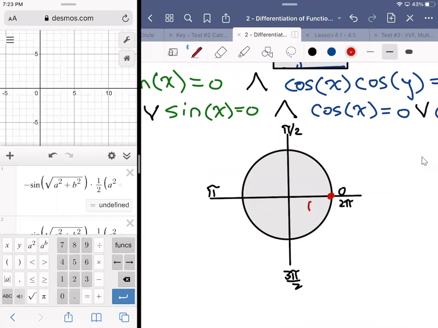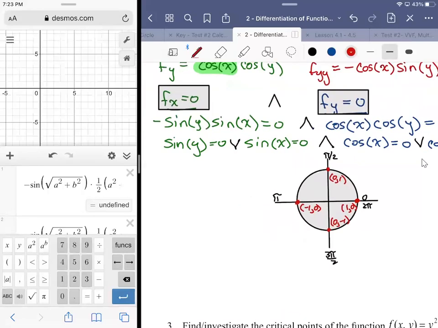Coordinates here: 1, 0, negative 1, 0, 0, 1, 0, negative 1. Just again, so I can point to something.